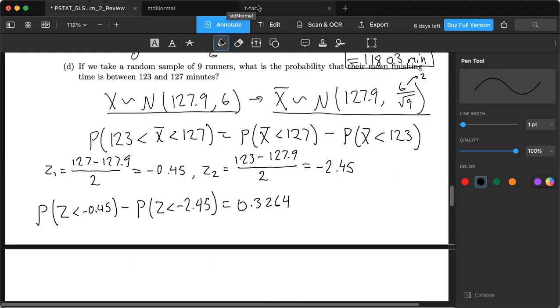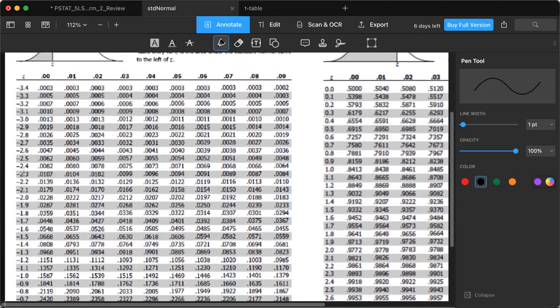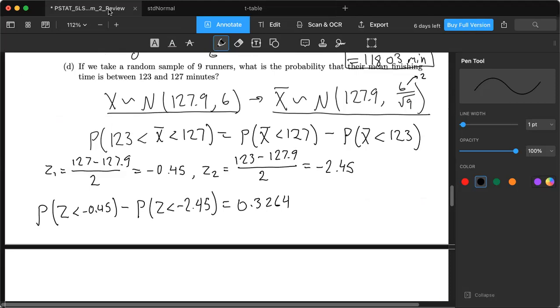The next one, negative 2.45, gives 0.0071. So now 0.3264 minus 0.0071, we get that this is equal to 0.3193.